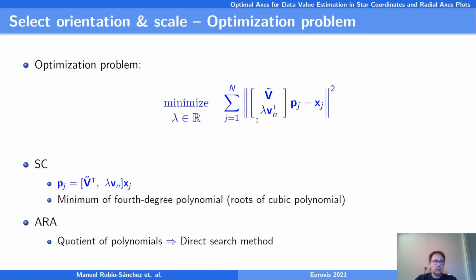Lambda is just a scalar that can be positive or negative. And the solution for star coordinates is the minimum of a fourth degree polynomial. So you basically have to compute the roots of a cubic polynomial, which can be done without any problem. And for ARA, the objective function is a quotient of polynomials. So the function is much more complex, and we use a direct search method to find the solution.